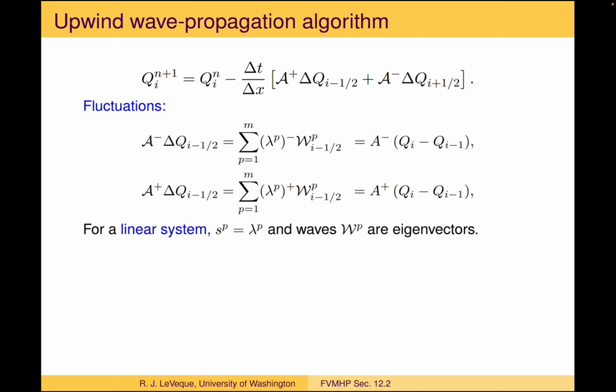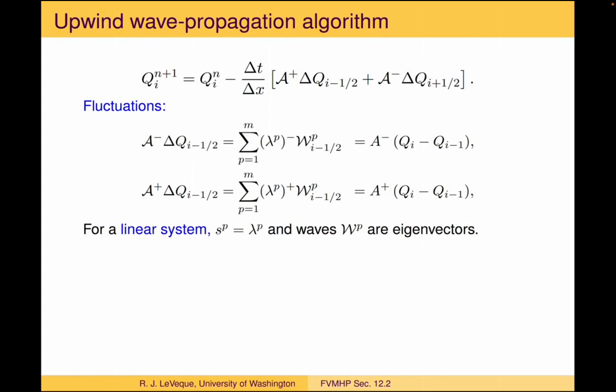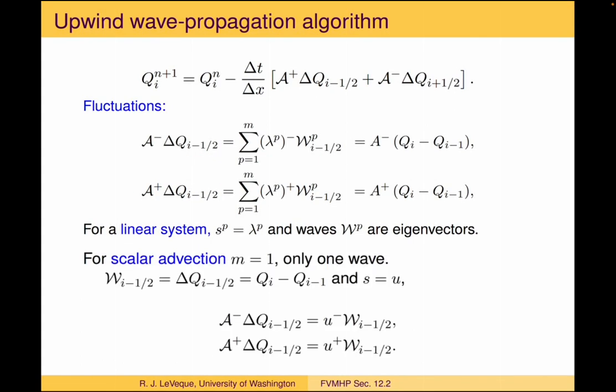And so in the nonlinear system case, when we get to that, we'll look at this A plus delta Q and A minus delta Q as being combinations of waves and speeds, but it's no longer interpreted as any particular matrix times the jump in Q. And so these symbols, this A minus delta Q at i minus a half, and A plus delta Q at i minus a half, with the script A, should be viewed as just a symbol meaning the left-going or right-going fluctuations. And then the way we use those fluctuations is in the formula at the top. And in the case of scalar advection, it's the same, but there's only a single wave, m is equal to 1.